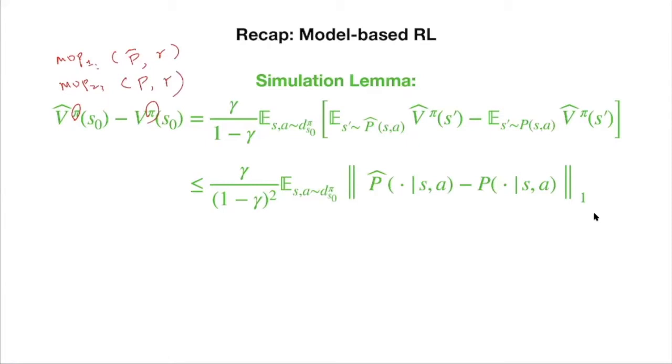The question that we are interested in is, if I hand you a policy pi, can you quantify the difference between the performance of this policy measured under the two systems using the disagreement between the models P prime and P? Because for these two MDPs, the only difference is the difference between P hat and P. This is a very fundamental question. If you build a simulator that is epsilon close to the ground truth.